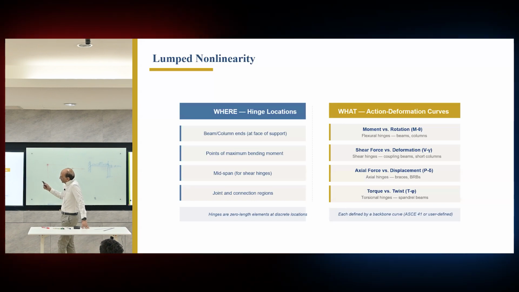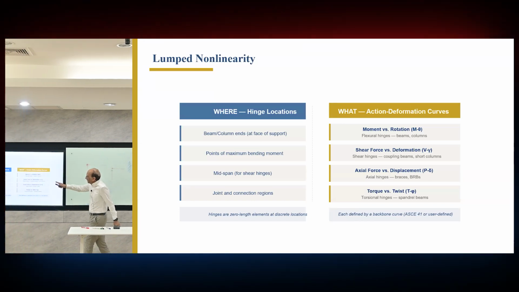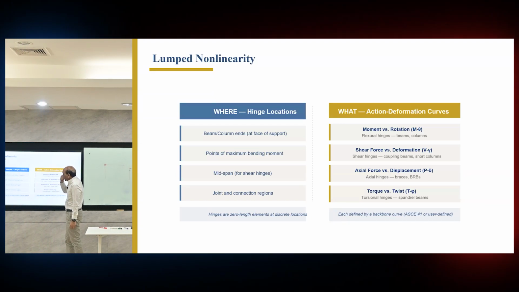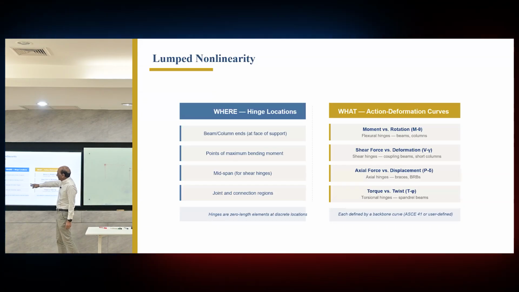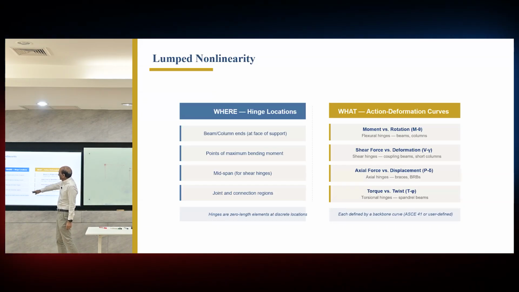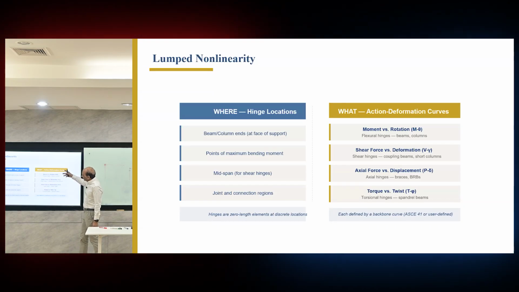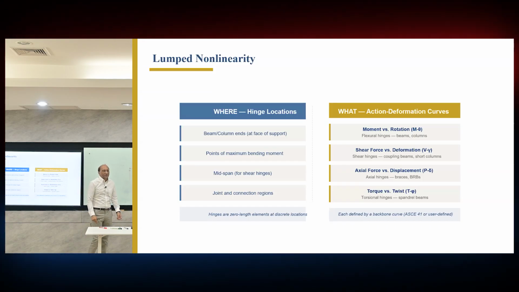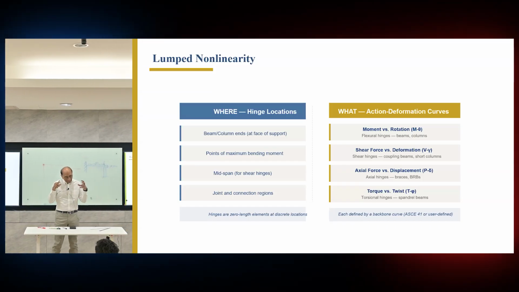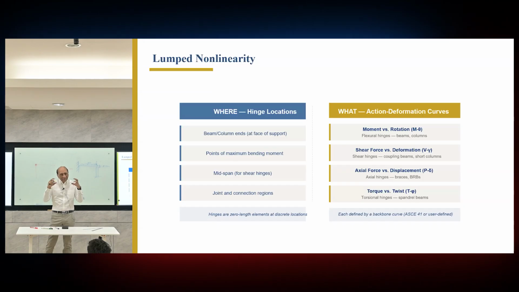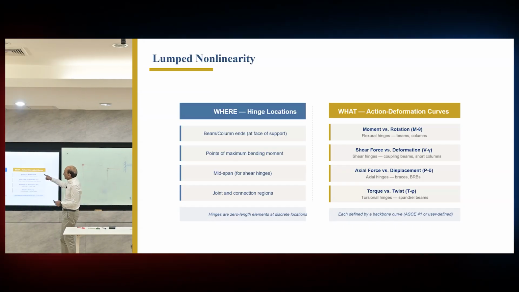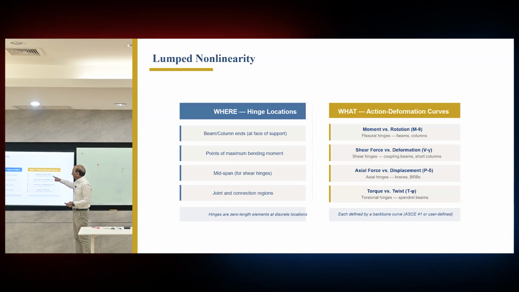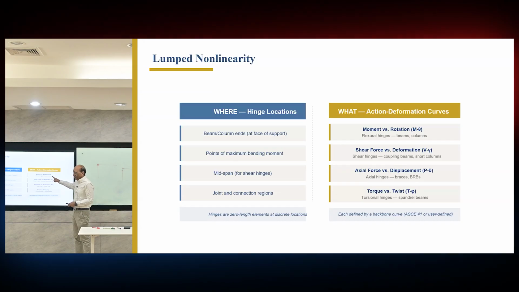So lump nonlinearity, we can put the hinges, beam, column ends at free supports, points of maximum bending moment, midspan, and so on. So you can put the hinges here, and we can capture. So this is very important. What kind of nonlinearity can we capture, or what kind of nonlinearity we can specify? Moment versus rotation, just M3, moment and corresponding rotation.